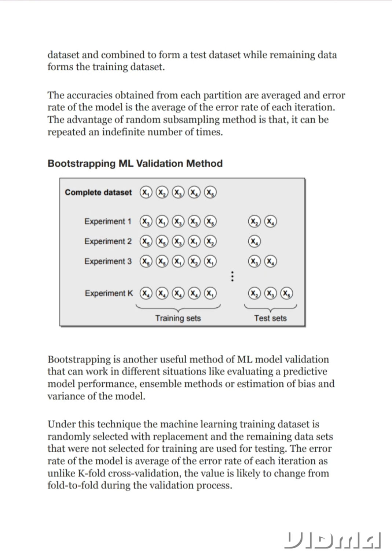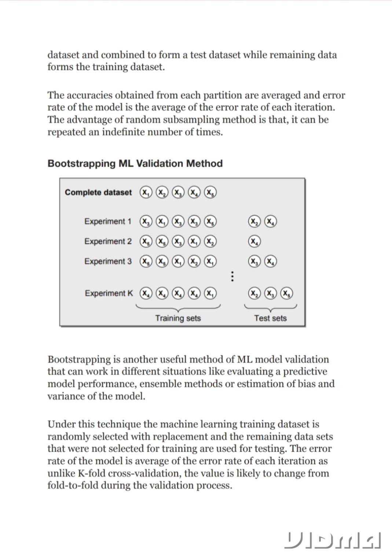The accuracies obtained from each partition are averaged, and the error rate of the model is the average of the error rate of each iteration. The advantage of the random subsampling method is that it can be repeated an indefinite number of times.